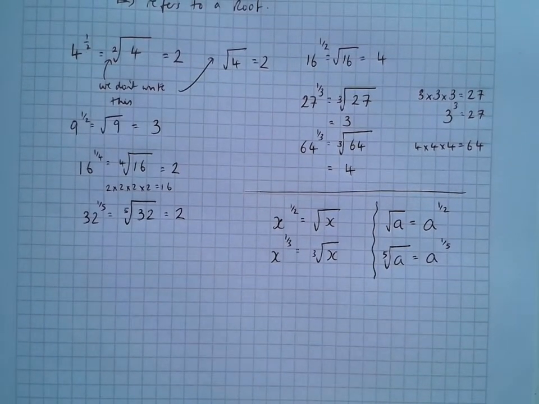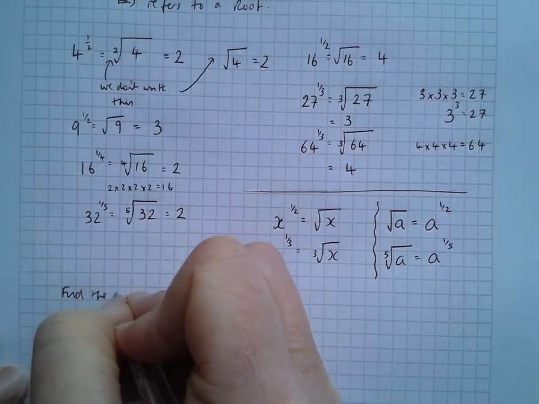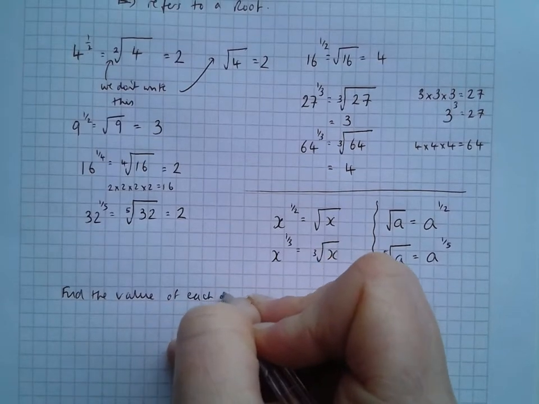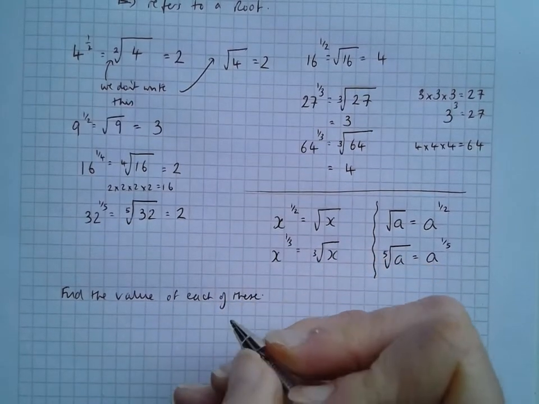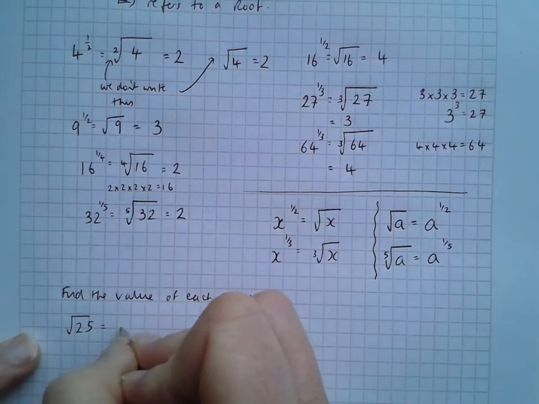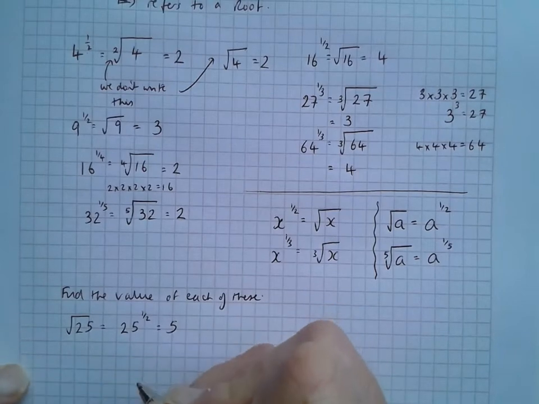What it might say is find the value of each of these, and it might be something like the square root of 25, and we'd say, well, that's 25 to the power of a half, which is 5.